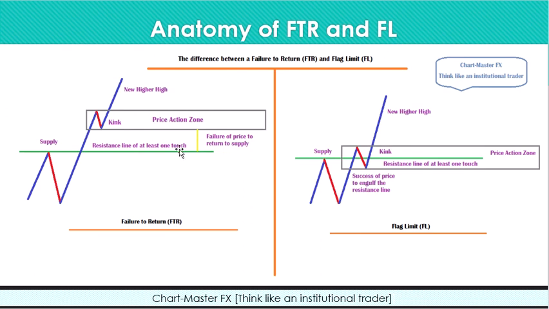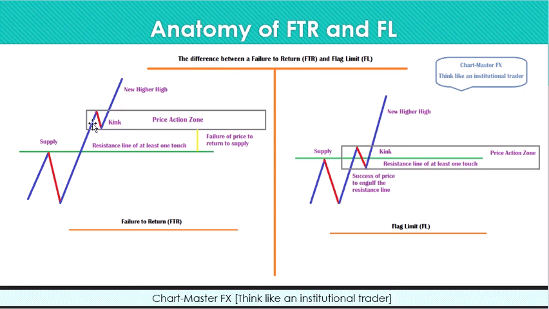There is a difference, as you can see, guys, that when price breaks this resistance here, the price goes up and creates a kink later. You see, it creates a kink later. So we will be saying the price failed to go back here to engulf it. But here on the flag limit, as you can see, guys, as the price broke this resistance line, it actually came back earlier.